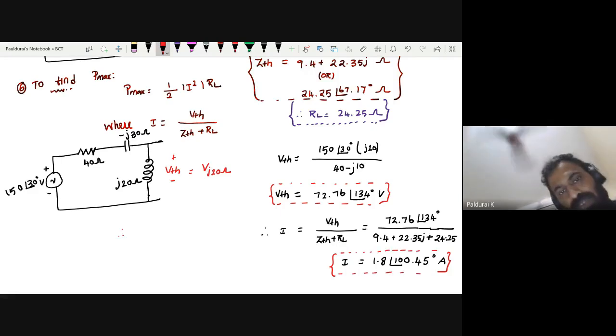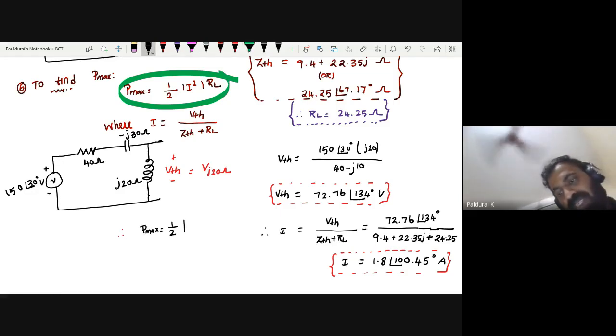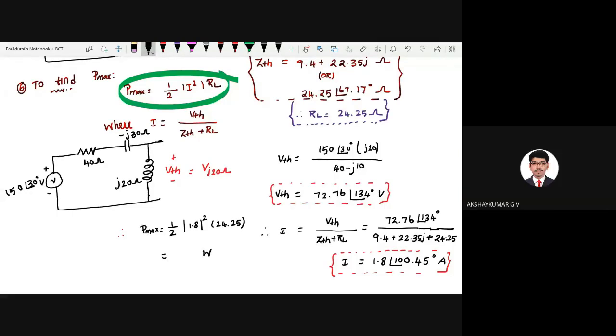You know the formula for Pmax, right? This is the formula for Pmax. So Pmax equals half times I squared, take the magnitude 1.8 squared, times RL, where RL equals 24.25. 39.285 watts, sir.